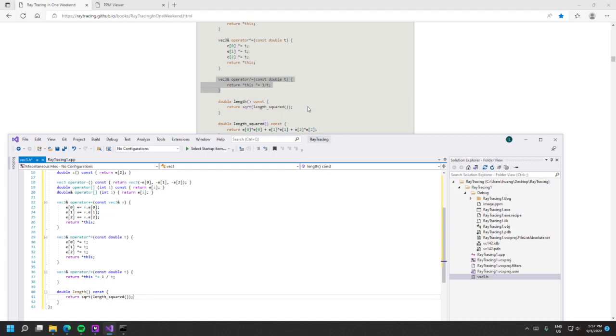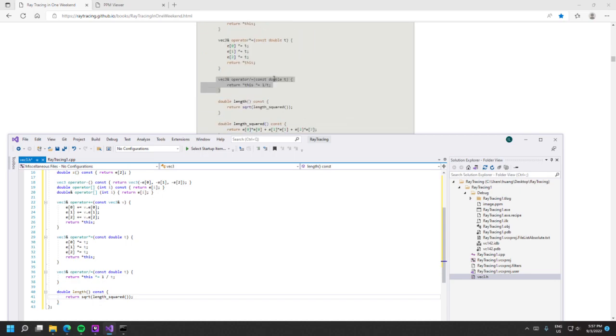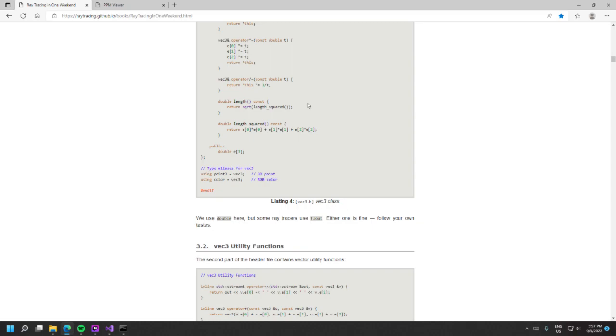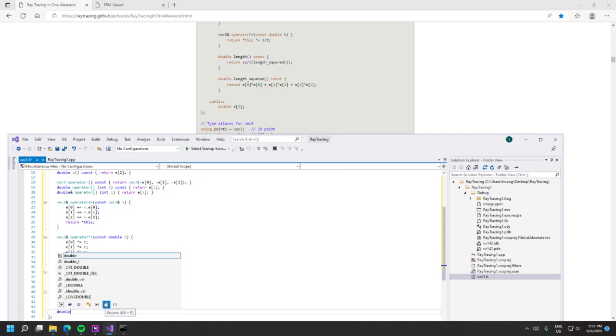Okay, so square root, we use standard square root, and that's what makes me a bit confused because I was like, what is the squared? What is the length? Okay, so next is the length.